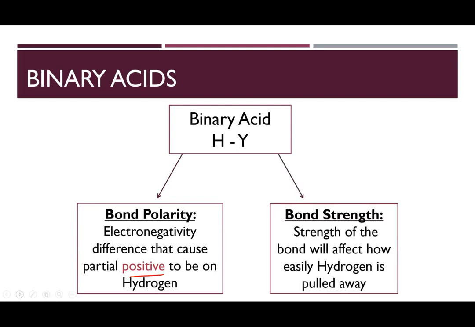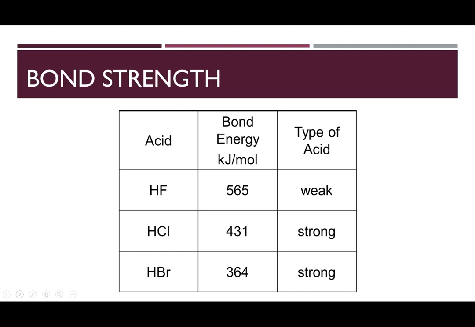The other side of this is bond strength. So in order for this bond to officially break, and for those two to dissociate from one another, we need to look at how strongly those two atoms are holding on to each other. So the strength of the bond will affect how easily or how difficult it is to pull the hydrogen away.